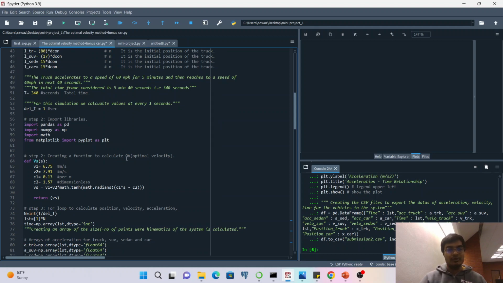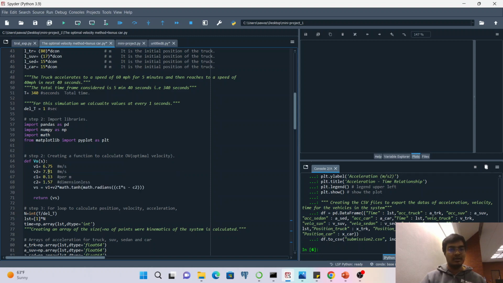We will create a function to calculate the optimal velocity, because it is the first step of the calculation, which will take us to the final equation, which will help us calculate the full velocity and acceleration model. The function name is vs. Define vs with v1, v2, c1 and c2.